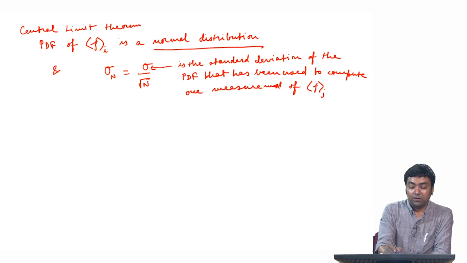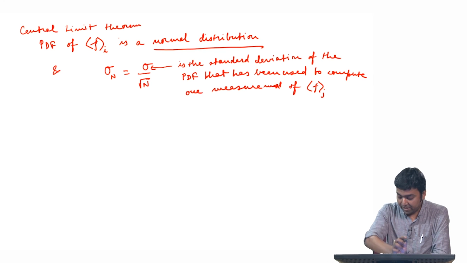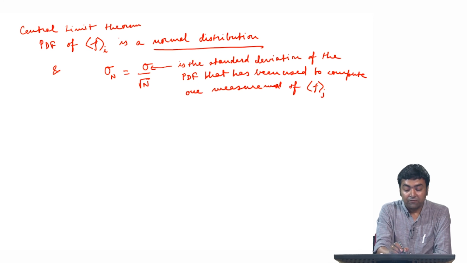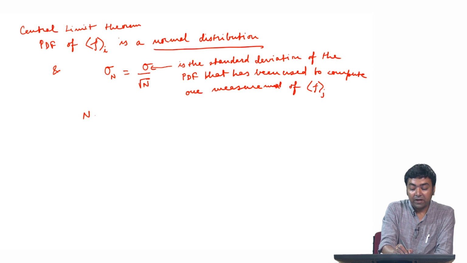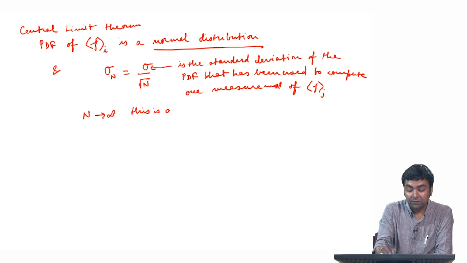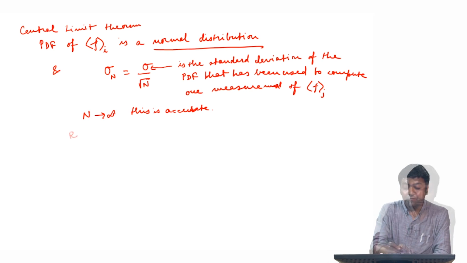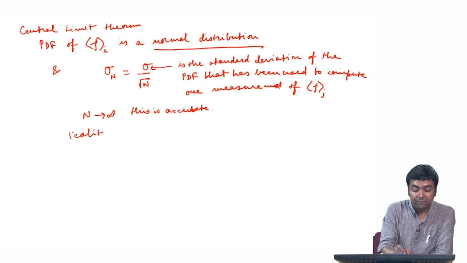So, in other words, if I compute the average value of the function a large number of times, my error will go down. In the limit of n tends to infinity, my estimate is accurate, but in reality n is finite.